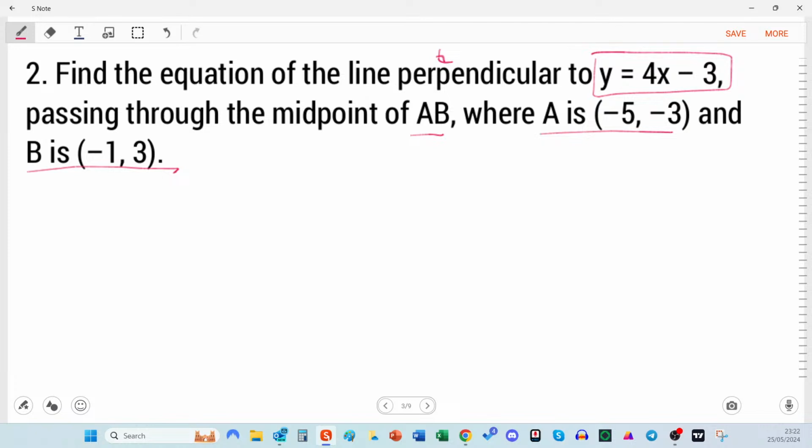So if we know we're looking for the equation which is perpendicular to this, let's first of all use a little trick. With this equation, the gradient is 4. It's the coefficient of x, it's the number in front of x, as long as y is on its own. Okay, so if you get it in the format y equals, you could just look at the number in front of the x and that's going to be your gradient.